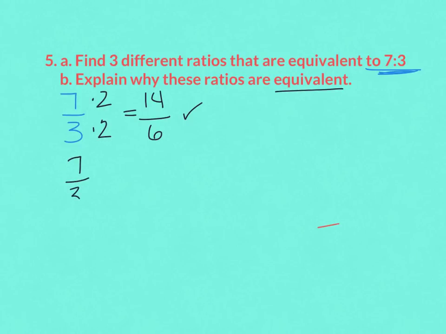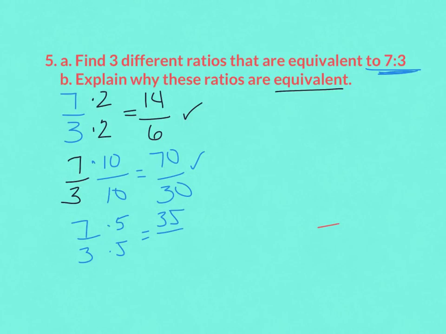I could take 7 and 3 and multiply top and bottom by, say, 10. That would be 70 over 30. And that would be another equivalent ratio. I could choose, let's say, to multiply both top and bottom by 5. That would give me 35 over 15. Again, equivalent.